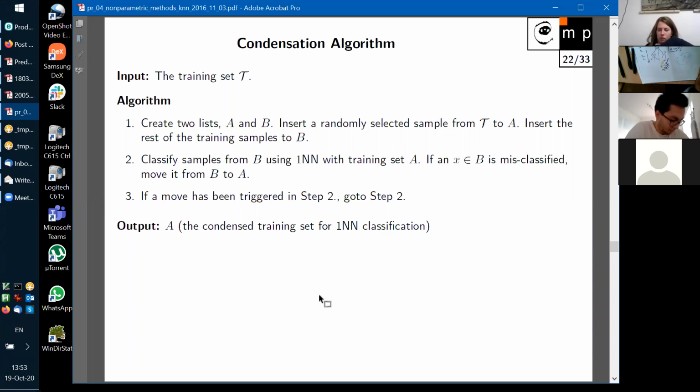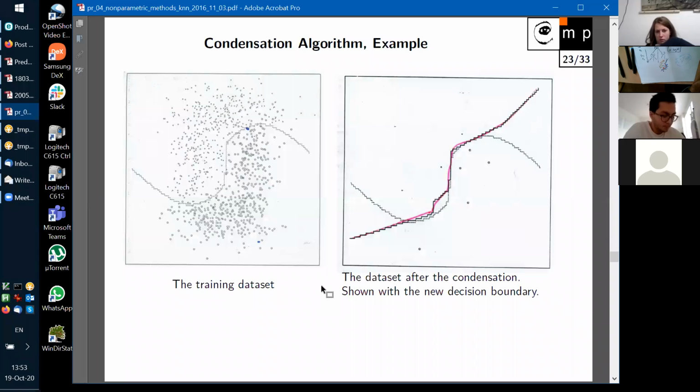So, a simple algorithm. Any questions about the condensation algorithm? Okay, no questions. So let's assume that you got it.